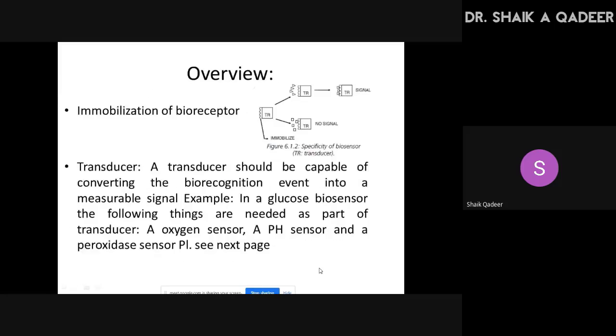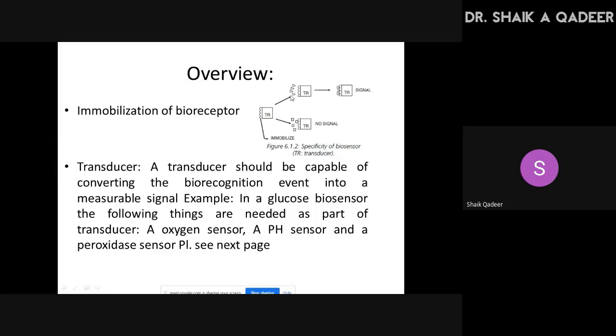This is an important parameter needed in the proper design of a biosensor, and that is called immobilization. Suppose these are the catalysts, shown with the triangle figures. You see the curve, the sawtooth kind of receptors that are available.